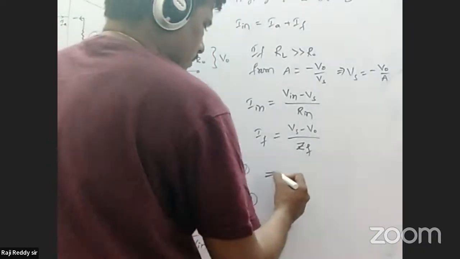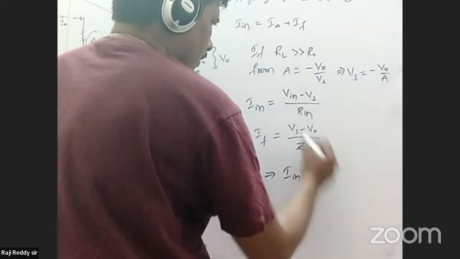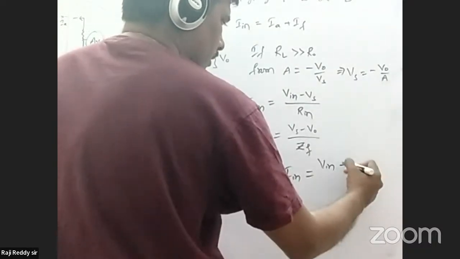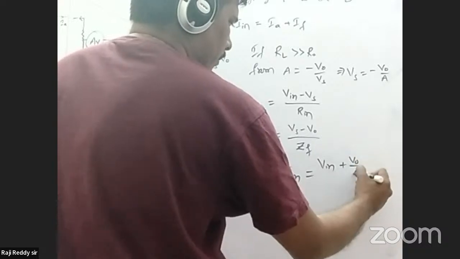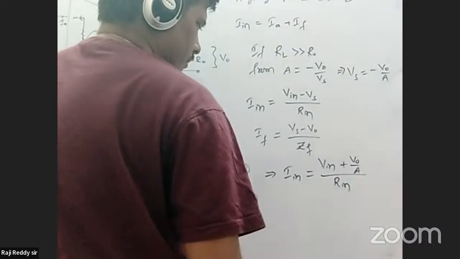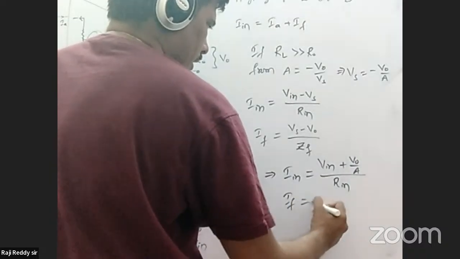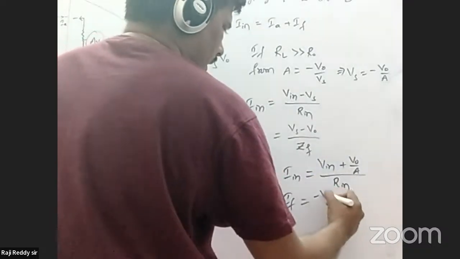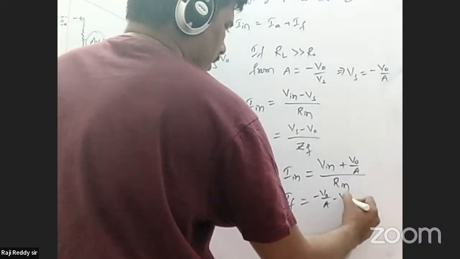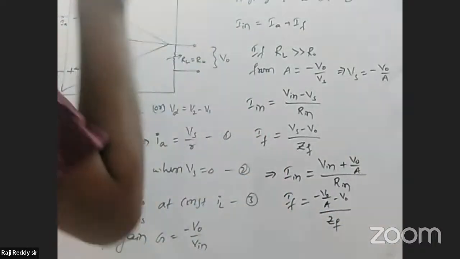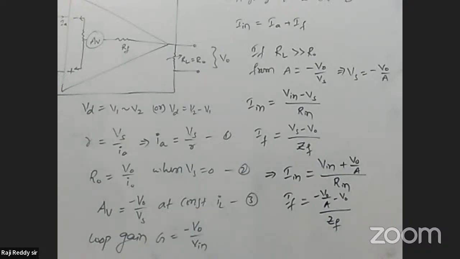Understood? Then it can be written as I in is equal to V in minus, instead of Vs, minus of minus plus V naught by A, whole divided by R in. Next one, IF is equal to Vs minus V naught by ZF, with the Vs value minus V naught by A, minus V naught by ZF.